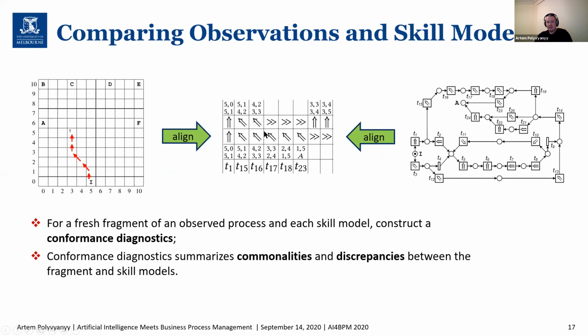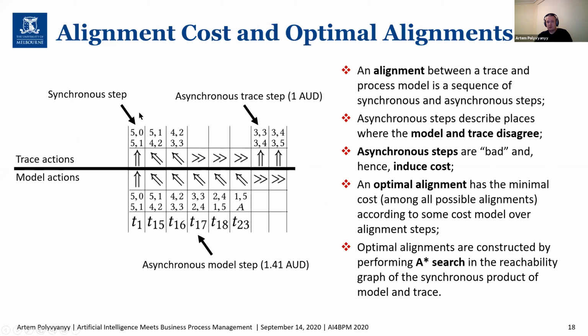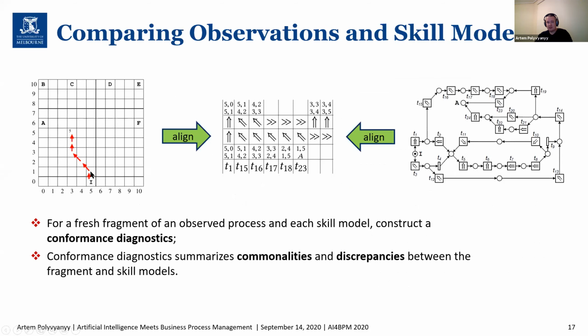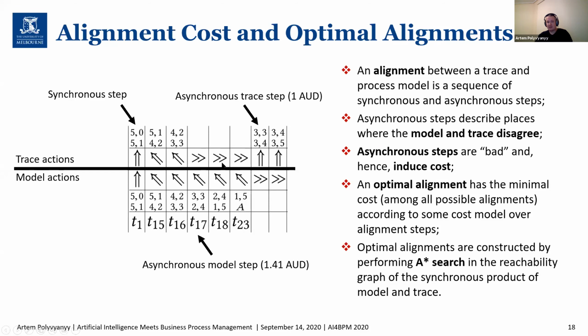If I explain this artifact a bit more, the top two rows of this table correspond to observed actions. So the agent was going north, north, west, northwest, and north, north again. These are the observations of the agent, and this is what the model can support.